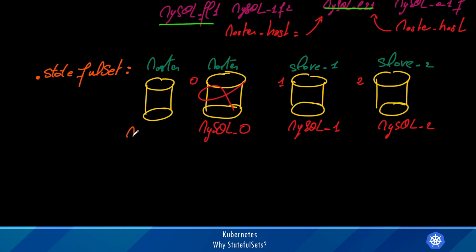So here we have mysql-0. So with the stateful set, even if the pod goes down, we make sure that the master is always available at the same address, and this address can be used for slaves to tell them where the master is to enable the continuous replication.